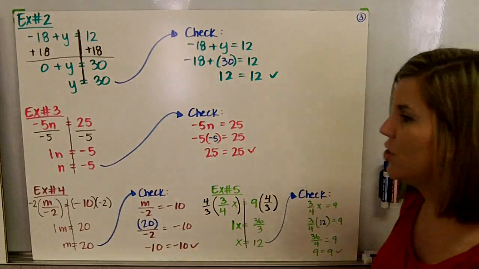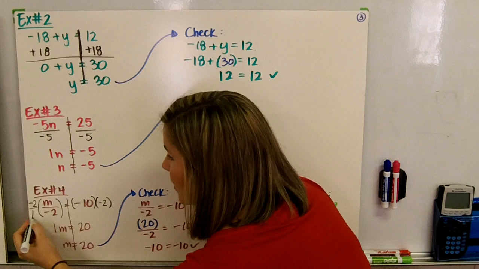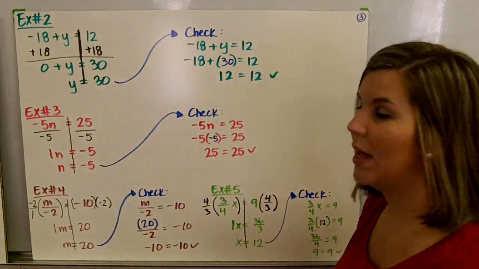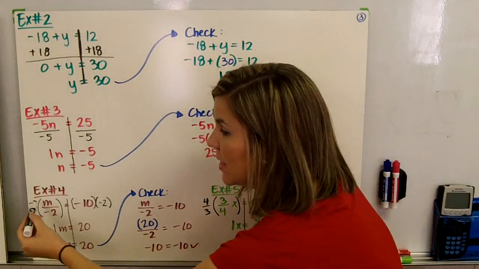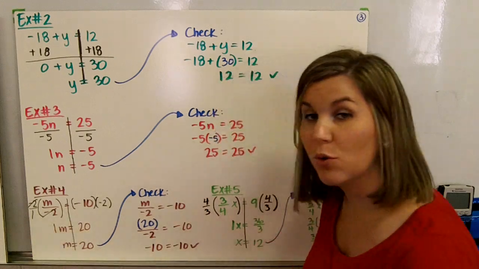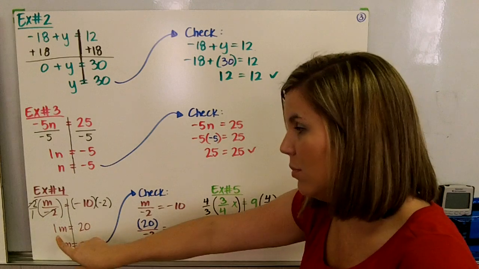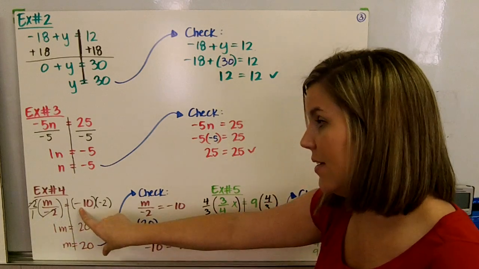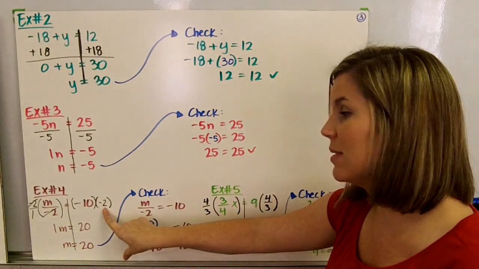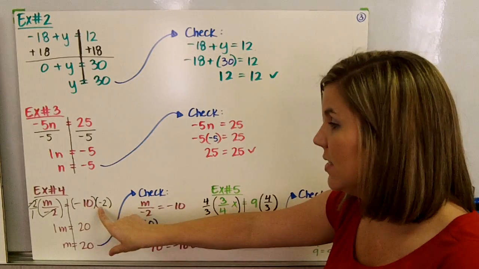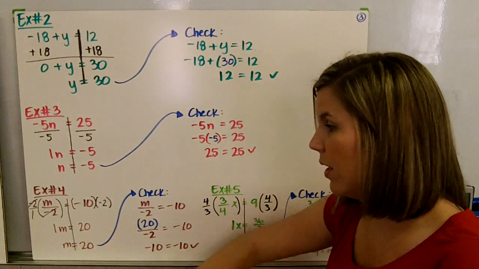Now this is -2 over 1. So when you multiply, you can see that -2 and -2 would cross simplify. Those would cancel each other out. So I just have m, 1m. -10 times -2, a negative times a negative is a positive. 10 times 2 is 20, so positive 20.